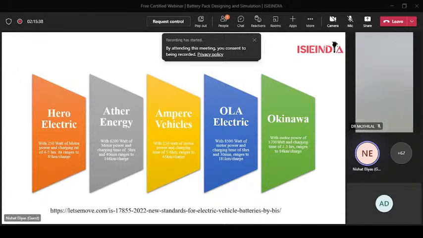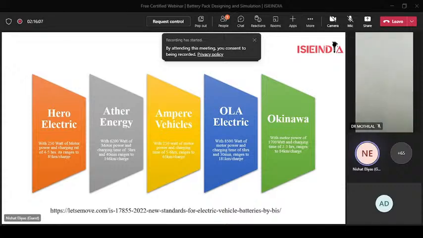Okinawa has a 1700 watt motor, with a charging time of 2 to 3 hours and a range of 84 kilometers. Ampere has the same motor power, but its charging time is more and its range is also less. This is due to the cell chemistry.